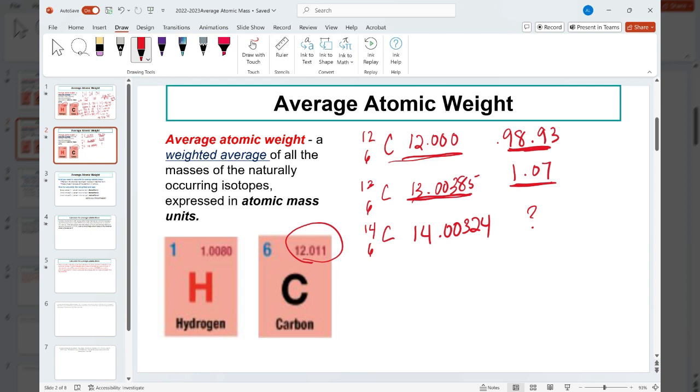I'm going to change the percentages to decimal form, 0.9893 and 0.0107. I don't have to do anything for carbon 14 because we don't have a percent abundance.